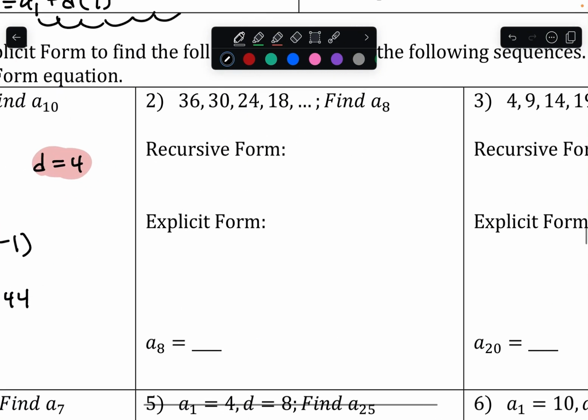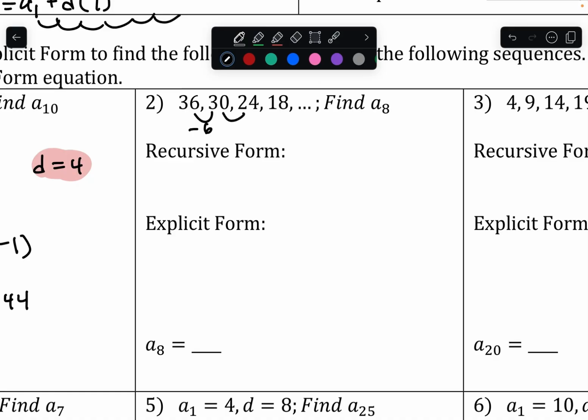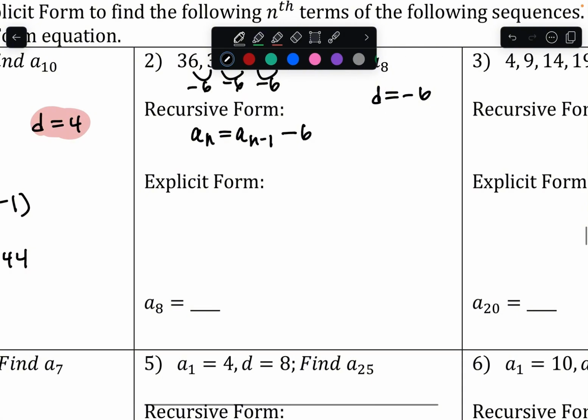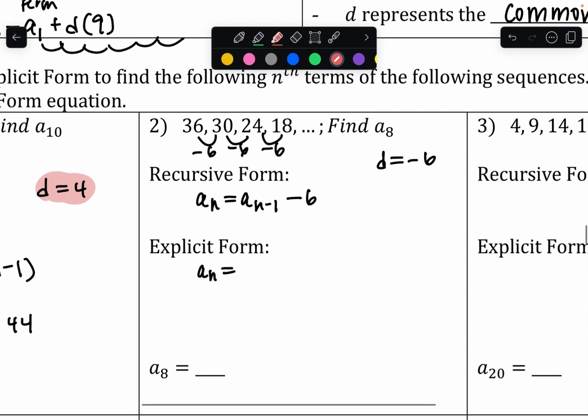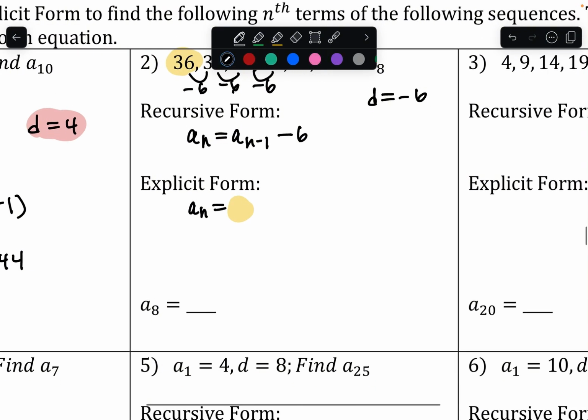Okay, in this next example, we are subtracting 6. So I can see that D is negative 6. So in recursive form, any term equals the previous term minus 6. In explicit form, we take the first term, which in this case is 36, and we add the D value, which in this case is negative 6.